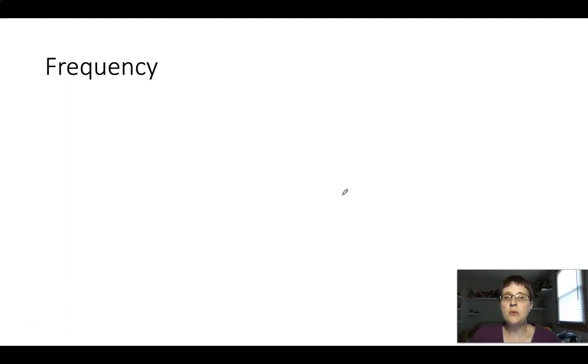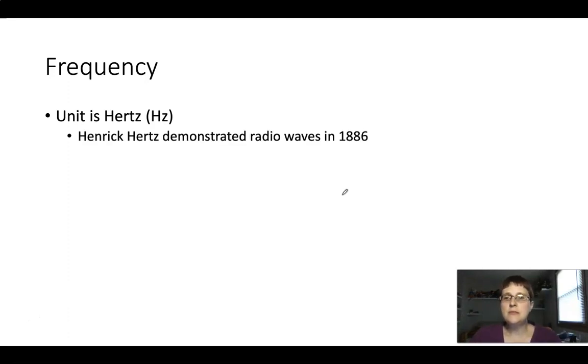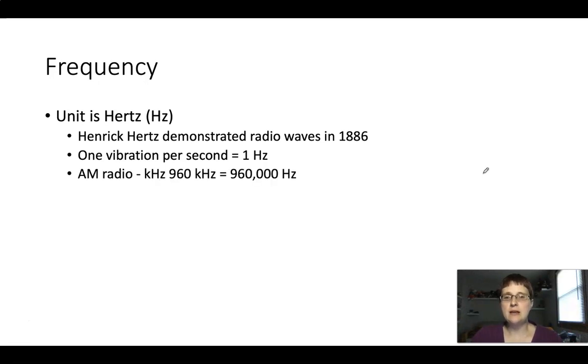Let's talk a little bit more about frequency. The unit is hertz. It was named after Heinrich Hertz because he was the one that first demonstrated radio waves in 1886. So he got the unit named after him. One vibration or one cycle per second.